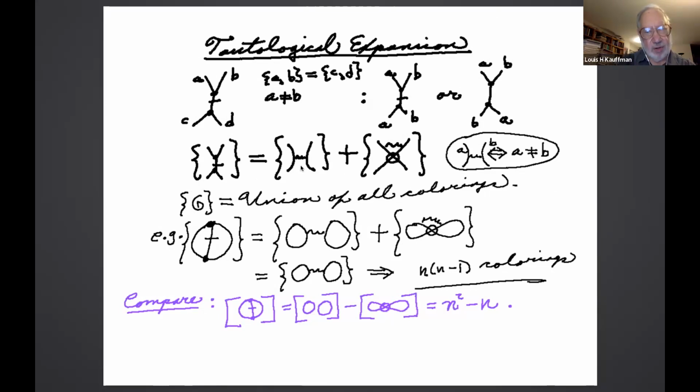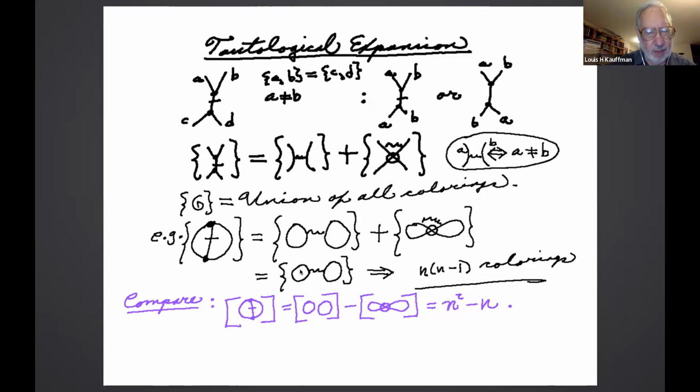Different, but it could be different and crossing over or different. And now I'm just counting constructions of colorings. I'm not counting numbers. So the number of colorings of this is equal to those colorings of these 2 loops that are different, plus those colorings of a single loop that are different from itself. There aren't any of those.